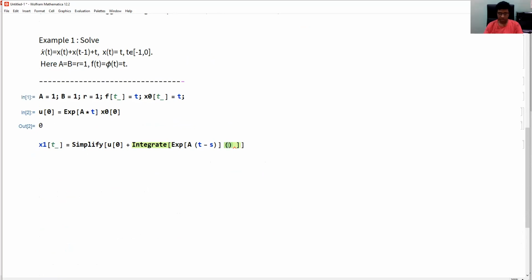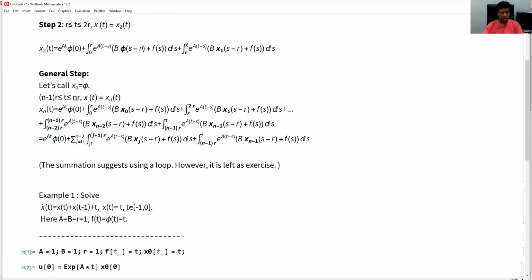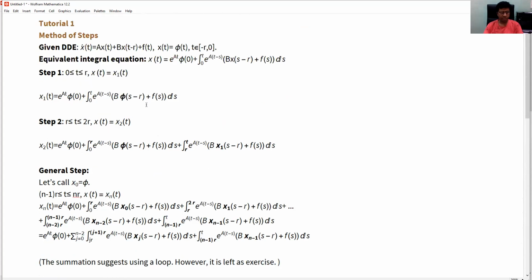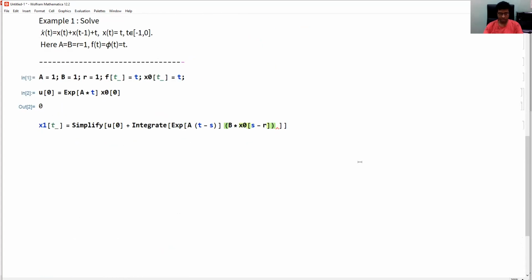So I'm putting a bracket: b multiplied by x0 of s minus r, plus f of s, ds. Comma.